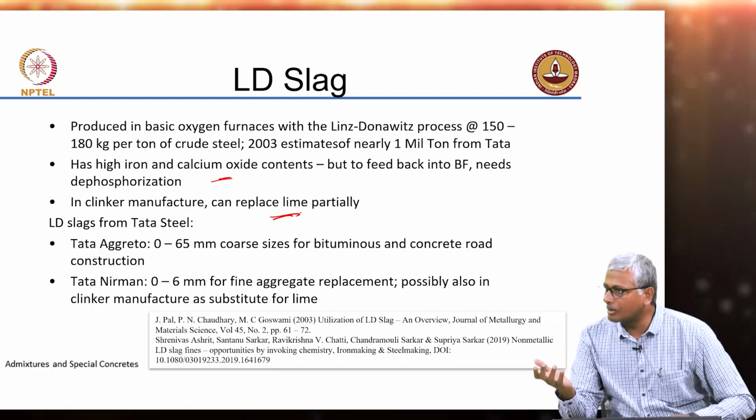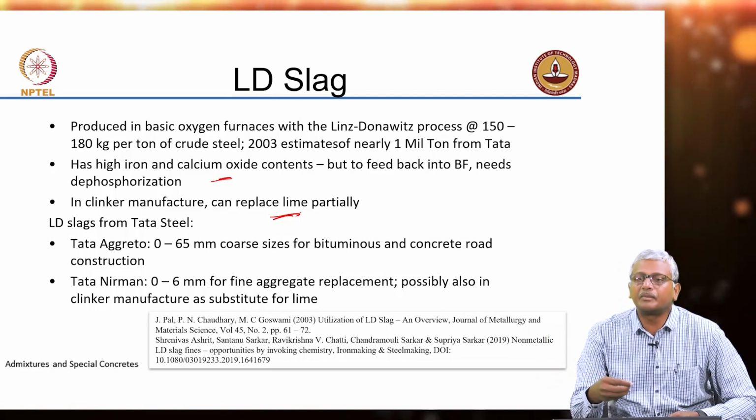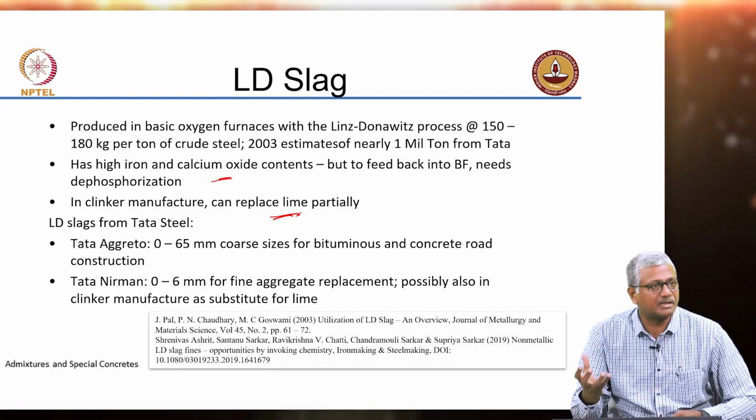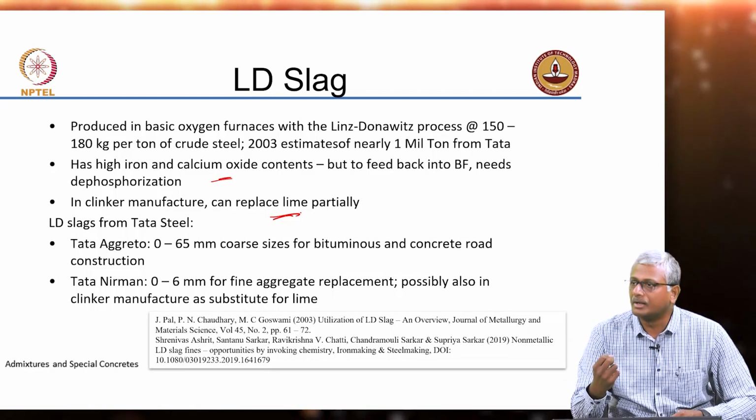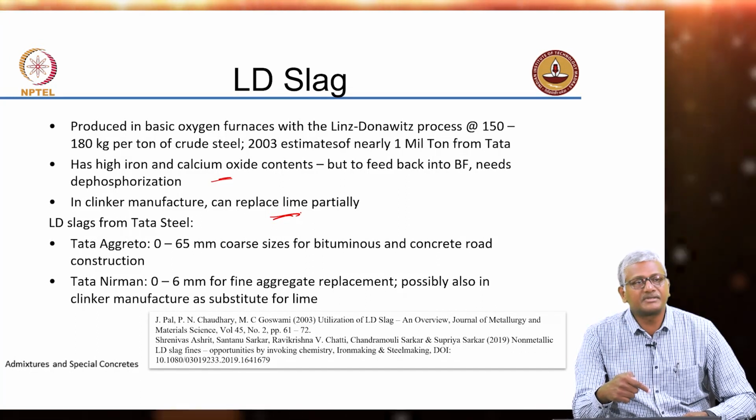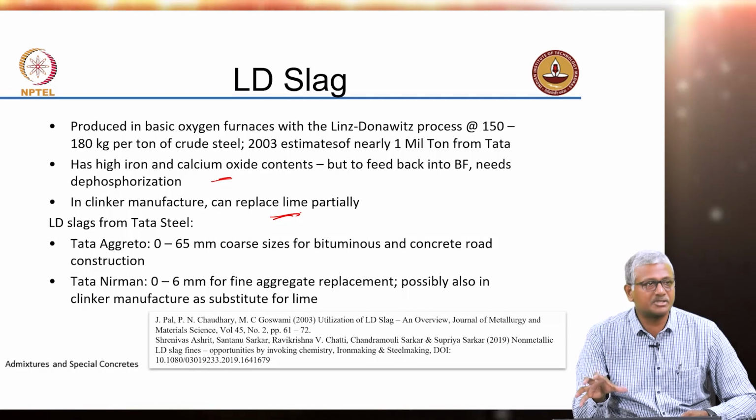Now, very often we talk about industrial processes where we are producing waste which we would like to use as aggregate, because it's a good material as aggregate, it's hard, durable and so on. But that very hardness which makes it suitable as aggregate makes it difficult for the production process of the aggregates.